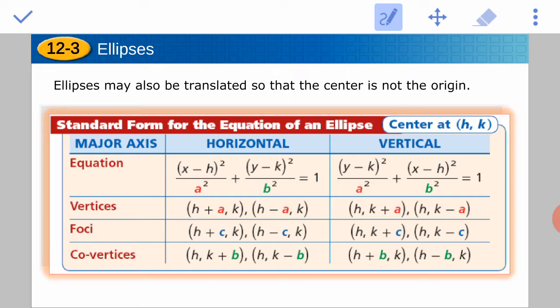You can say the center of this ellipse is translated horizontally h units and vertically k units. The negative sign is because of the formula, not because of the value of h or k. So this is the standard form for the equation of an ellipse centered at (h, k).